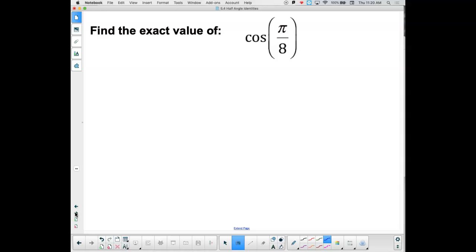Radian measures now. Okay? Cosine of pi over 8, well, that's the same as the cosine of pi over 4 divided by 2.